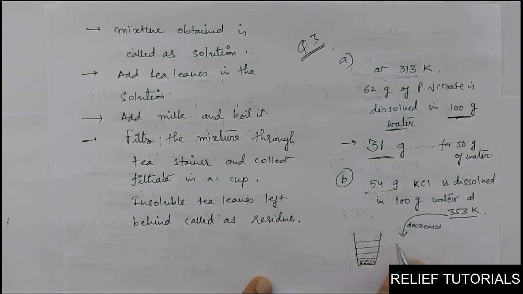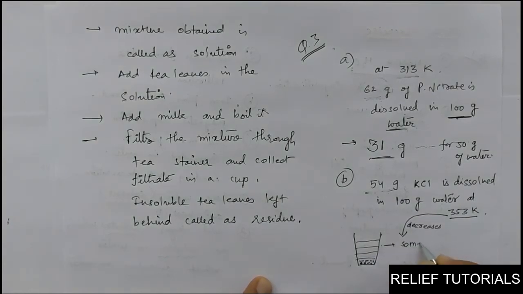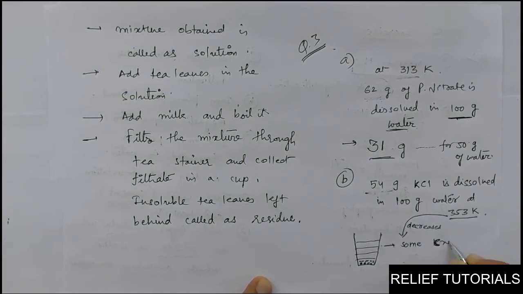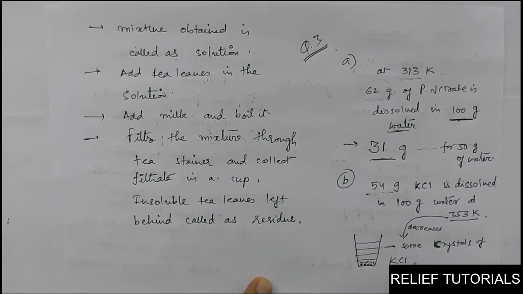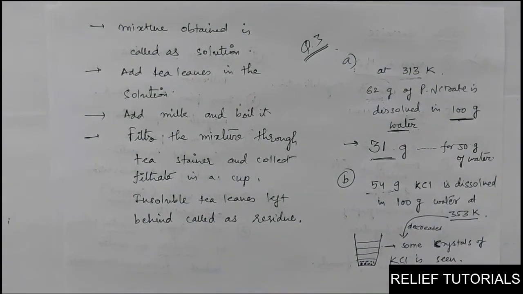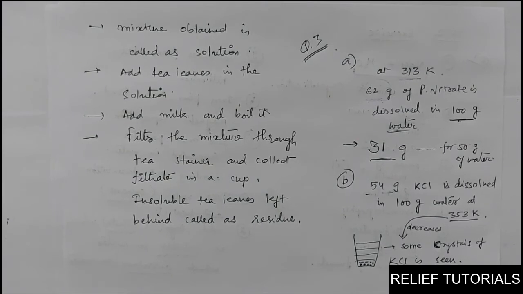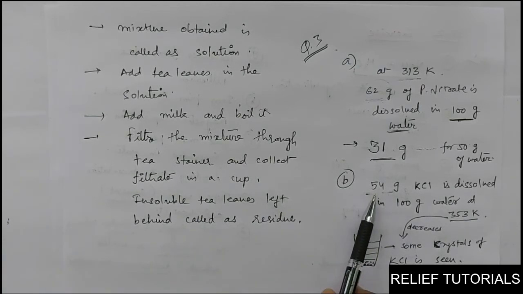So she will observe that some crystals of KCl are seen. Some amount of KCl has reappeared, recrystallized in the solution. More precisely, look at the table. At 353 Kelvin, 54 gram of KCl is dissolved.